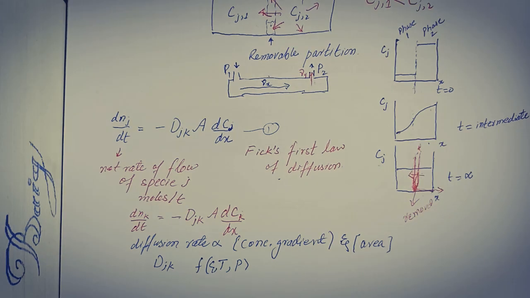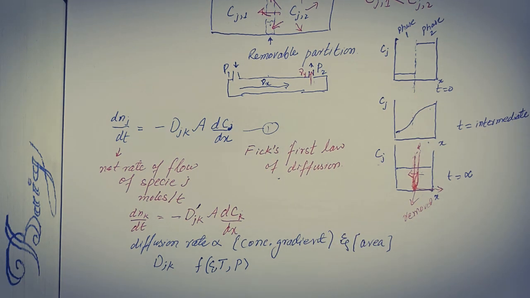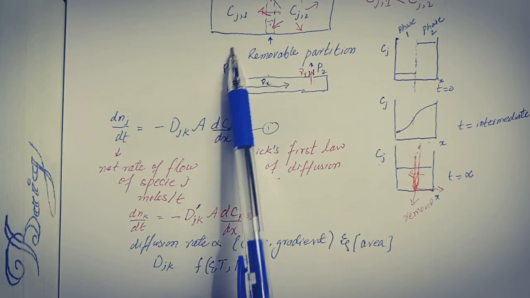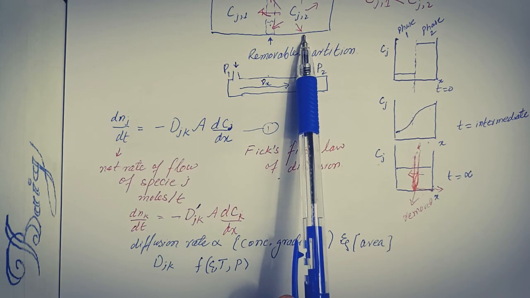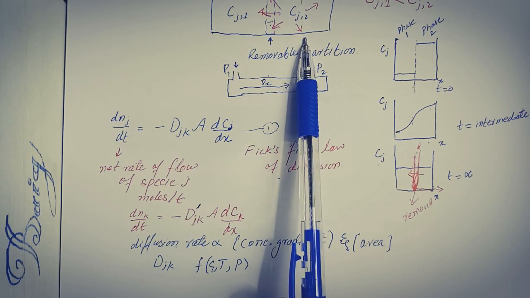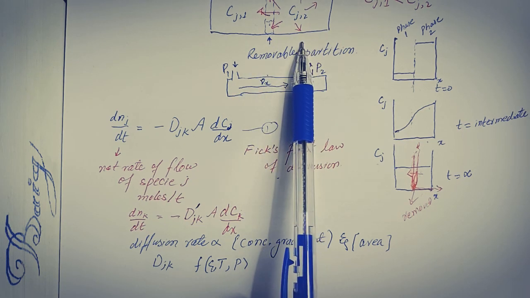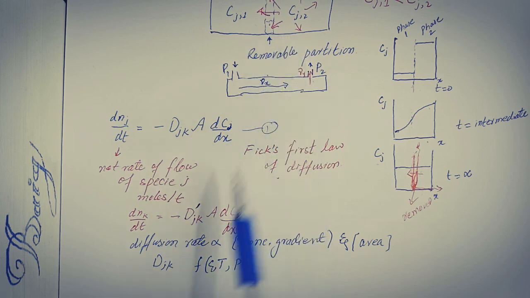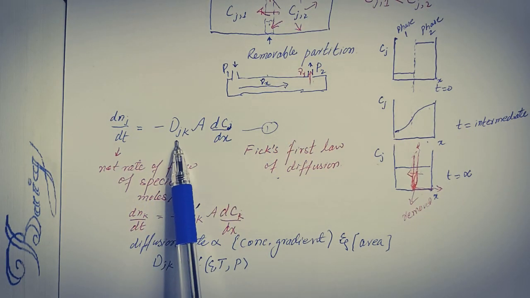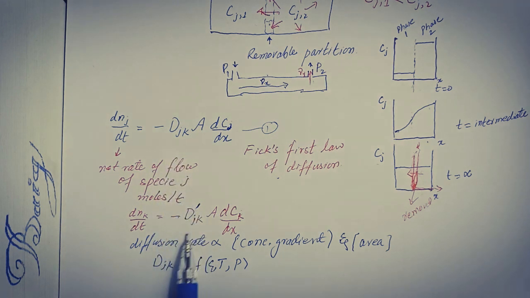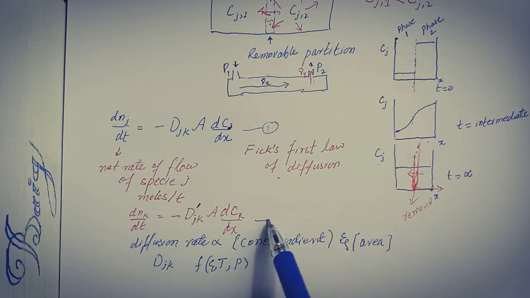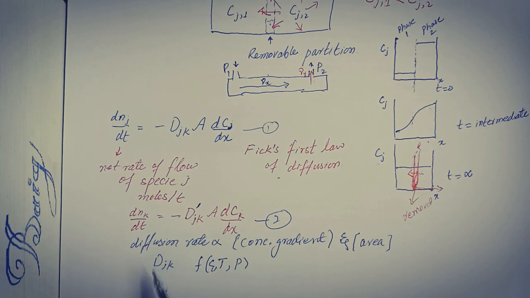Now let's discuss the change in volume. So here, if solution 1 in phase 2 and solution 2 in phase 2 are mixed with no change in the volume, then we can show that the diffusion coefficient expressed in equation 1 and the diffusion coefficient expressed in equation number 2 are equal.